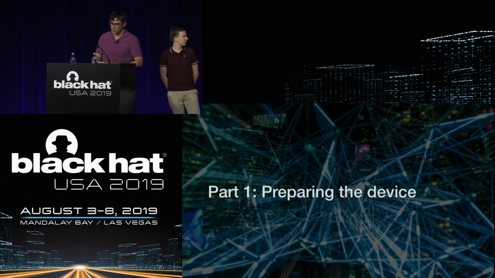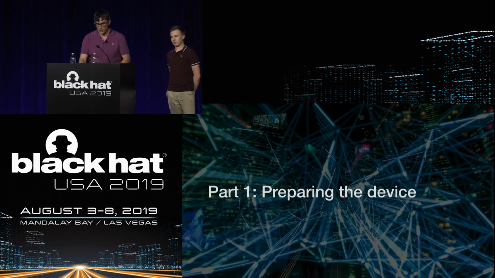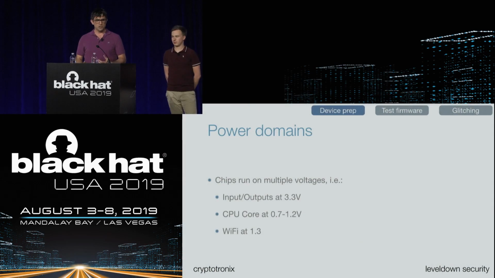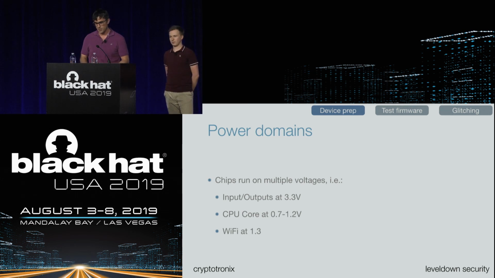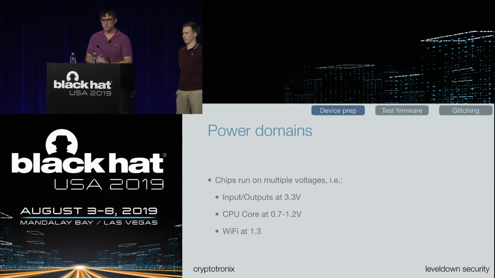So part 1, prepping the device. In this part, we have to do some research about the target that we're interested in. And we have to read the data sheet and get some information. Specifically for voltage glitching, we're very interested in how the power domains are set up. And most modern microcontrollers are going to have multiple different voltages, especially as they migrate into systems on chip and get more complicated.